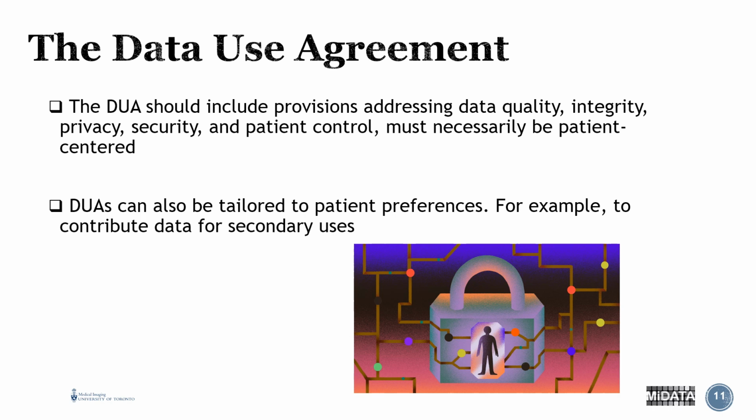It basically includes provisions addressing the quality of the data, the integrity, the privacy, the security, the patient control, everything that pertains to you acquiring the data and how you're going to work with it and safeguard it, everything that we discussed under the PIPEDA principles.